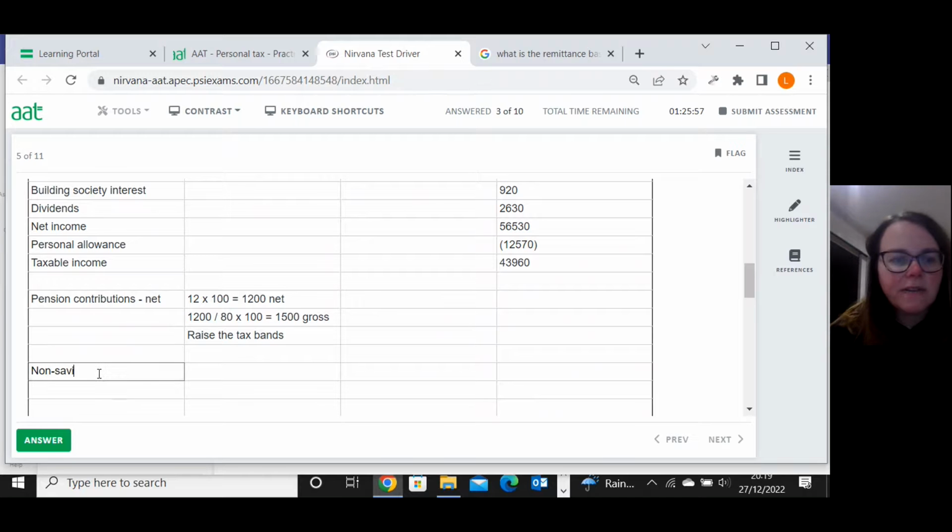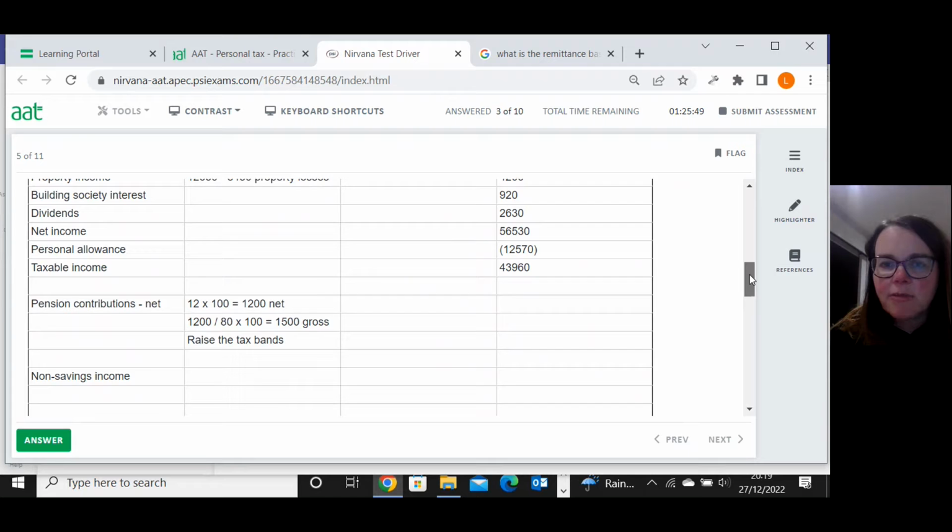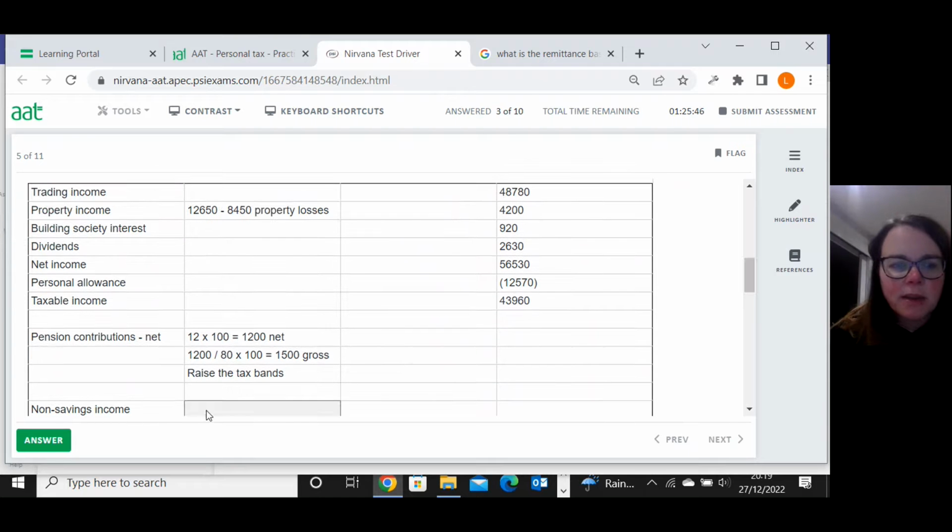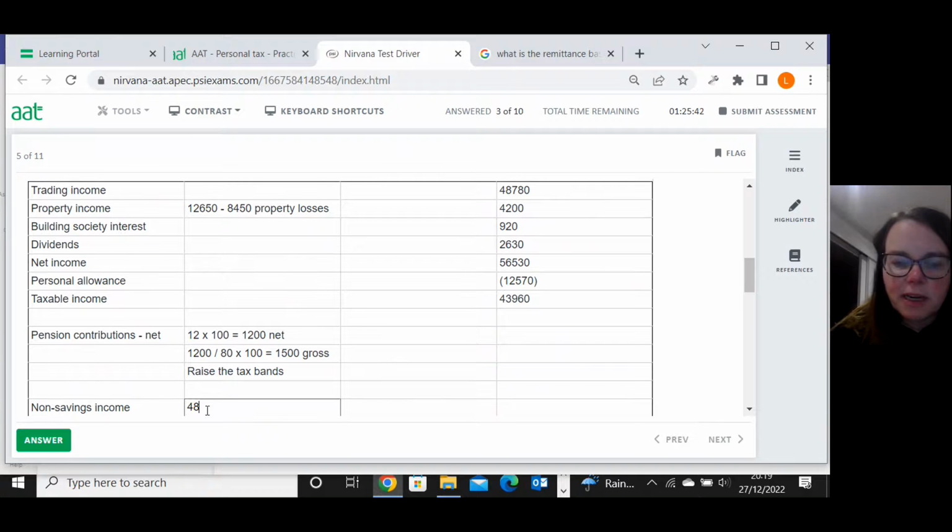So non-savings income. Let's just do a little working here for that. Remember we normally have this in separate columns, but they haven't given us enough columns to do it like that. So it's going to be 4,870 plus 4,200 and then subtract the personal allowance.